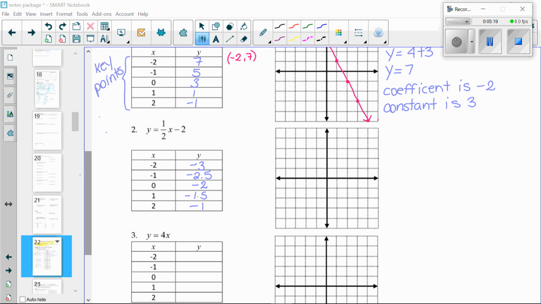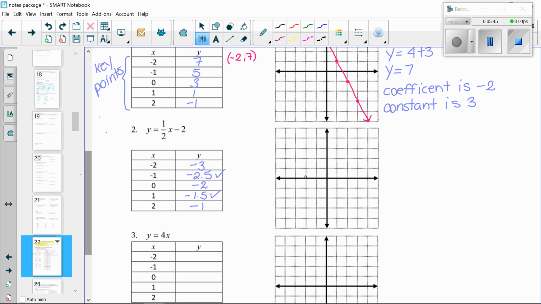Okay, so I have my table of values here. So -3, -2.5, -2, -1.5, and -1. I do not recommend you try to plot the points for a coordinate that looks like this or like this. You want to do this as precisely as you can. So I'm going to start with -2 and -3.